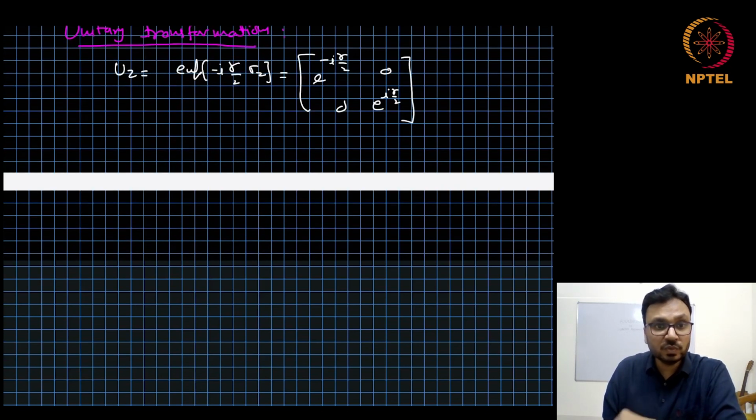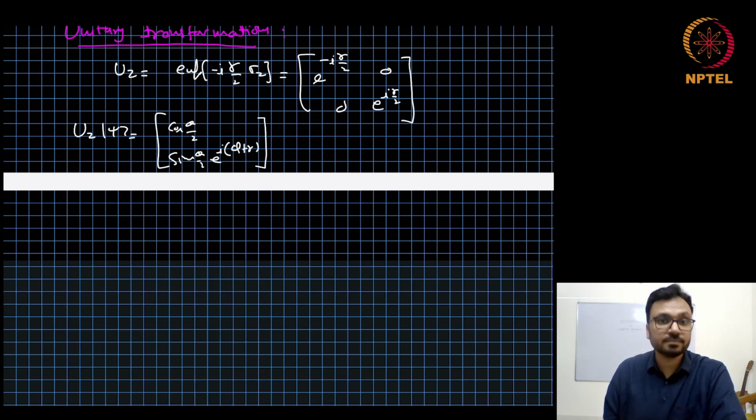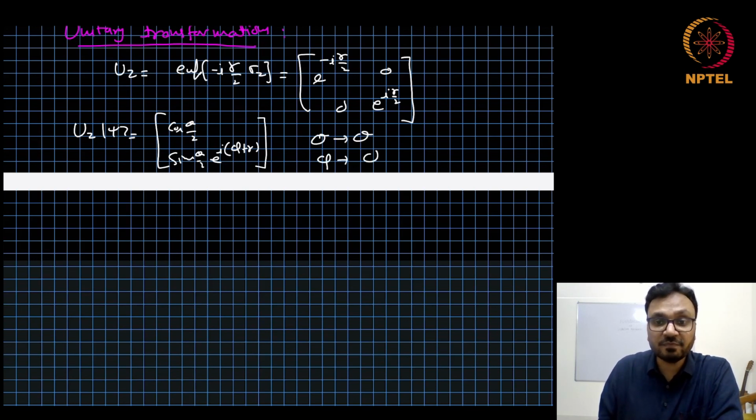Now if we apply Uz on psi, after removing the phase, we get cos theta over 2, sine of theta over 2 exponential of i (phi plus gamma). So now what happened is theta remained the same, but phi became phi plus gamma.